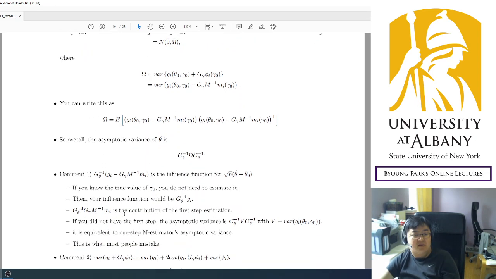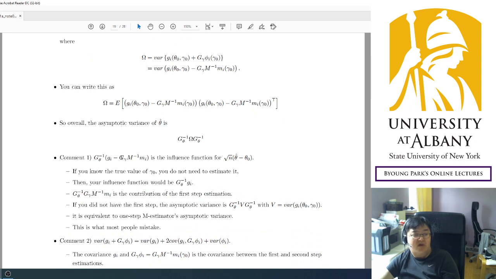And among here, this much is the estimation error from the first stage, and the estimation error from the first stage is multiplied by g gamma and g theta inverse, and so in the end, this much is the contribution of the first stage estimation error.